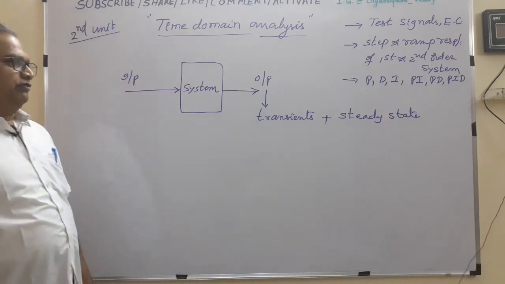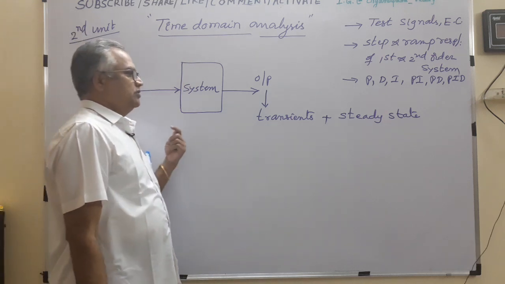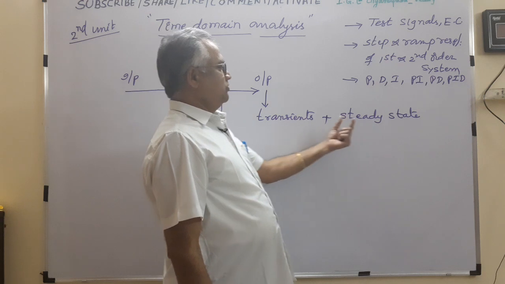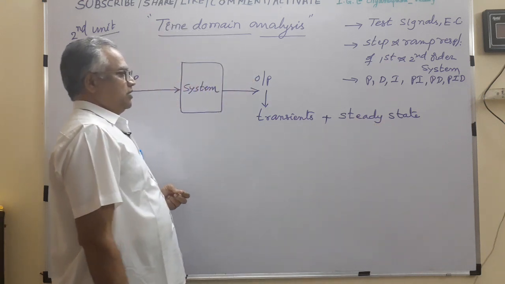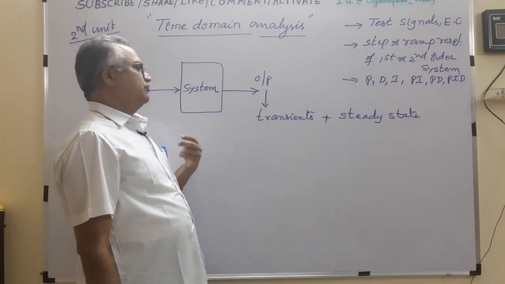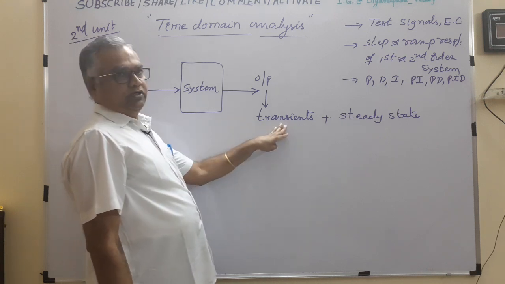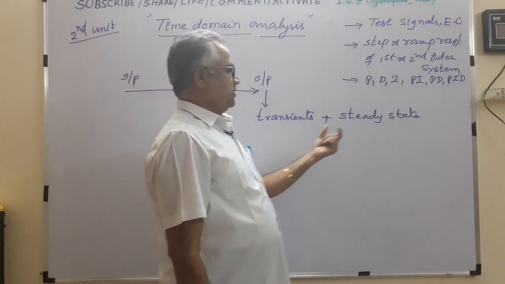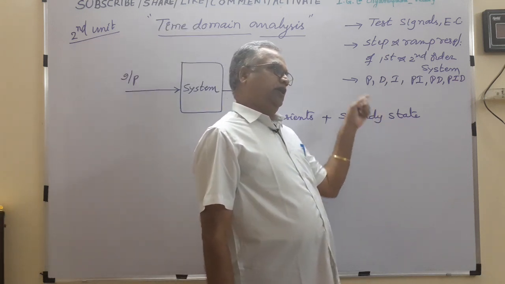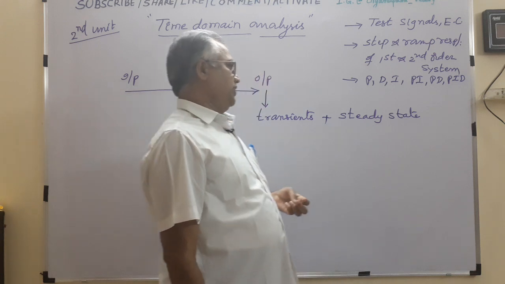What is coming first is transient. After the transient dies out, what we get is steady state. Transient is a term which dies out at t equal to infinity. Steady state is a term which remains even at t equal to infinity.